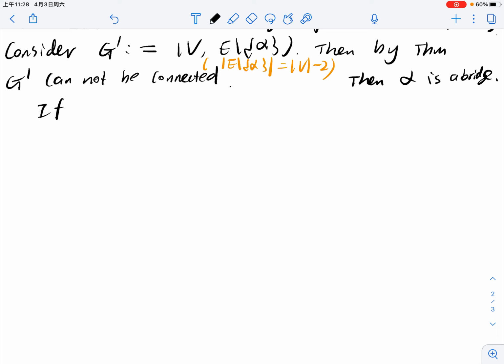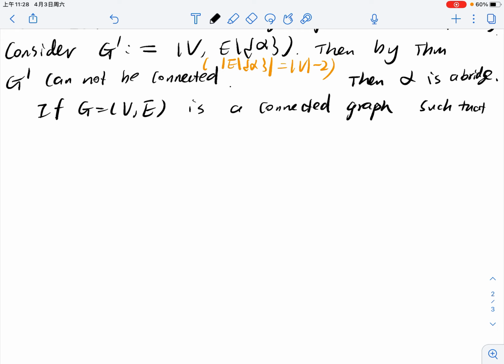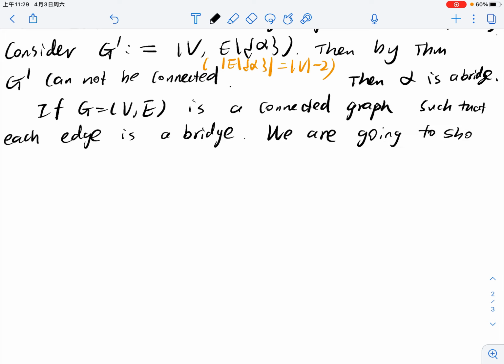Okay, now next we prove the other direction. If G is a connected graph such that each edge is a bridge, then we are going to show that the cardinality of the edge set is the cardinality of the vertex set minus 1.